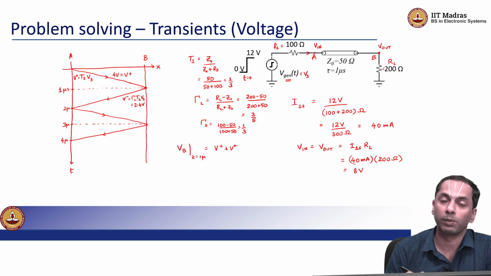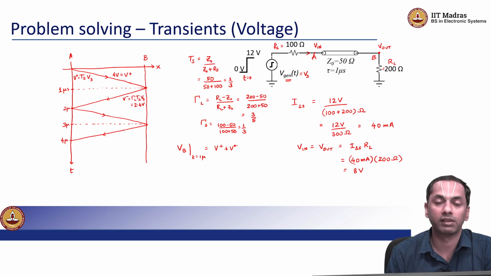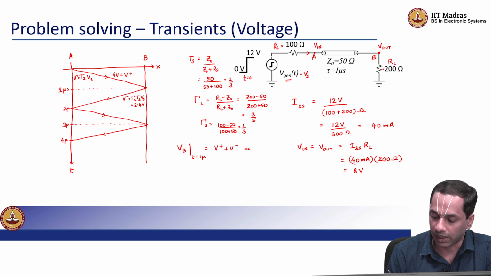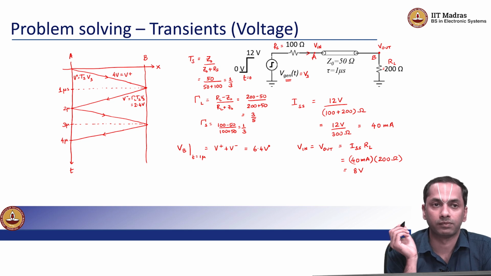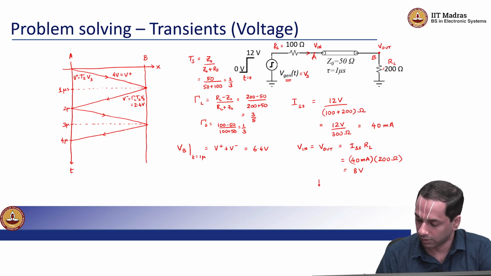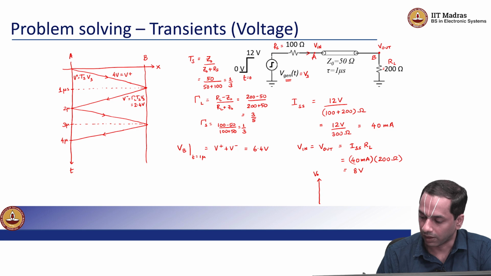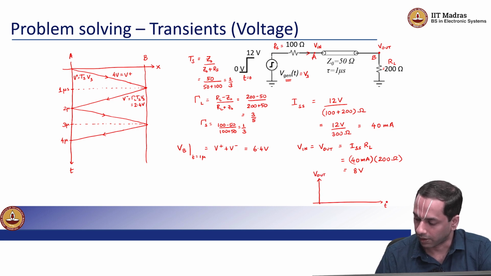V plus was 4 volts, V minus is 2.4 volts, so the net voltage seen would be 6.4 volts. If I were to plot V out as a function of time at about 1 microsecond, I will see a jump to 6.4 volts.